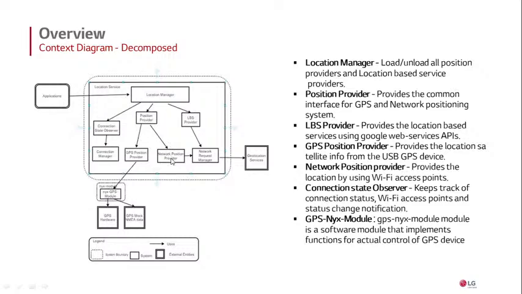Now the network position provider is achieved by using the network request manager, which is the common utility or the common entry interface for initiating the HTTP request and the response.